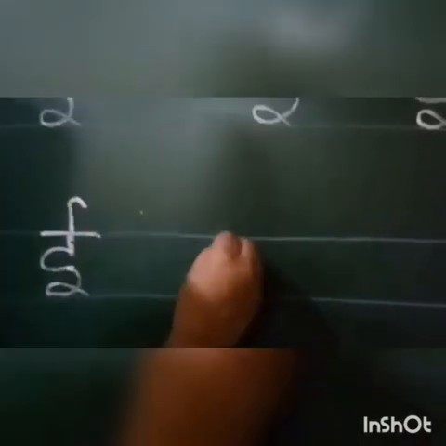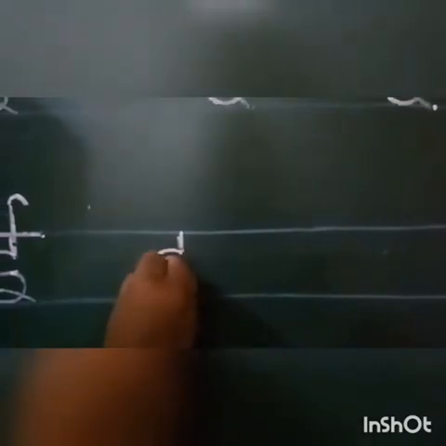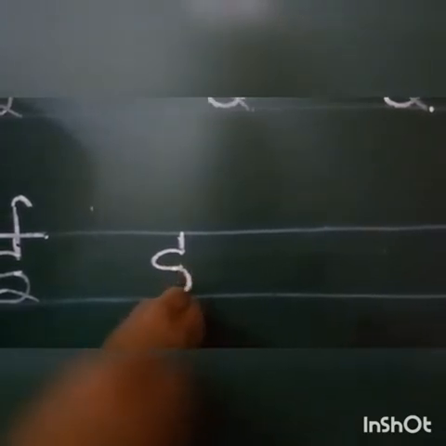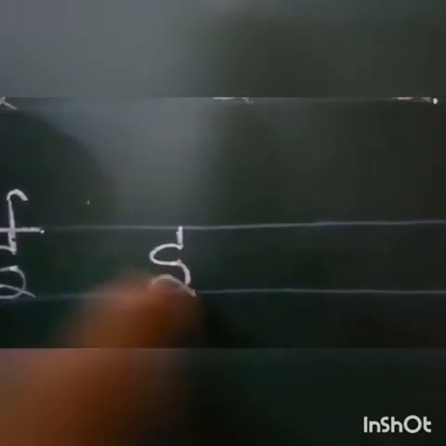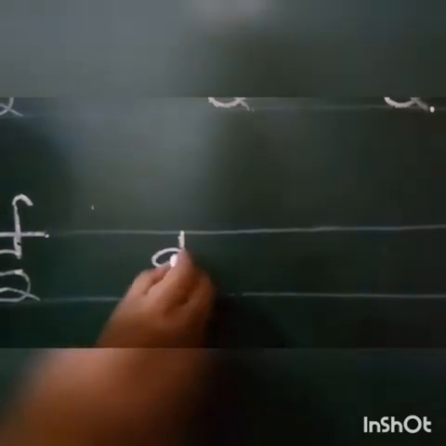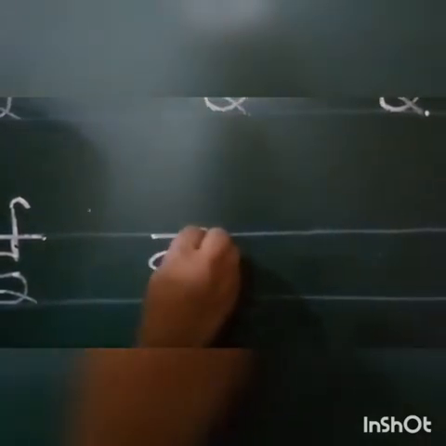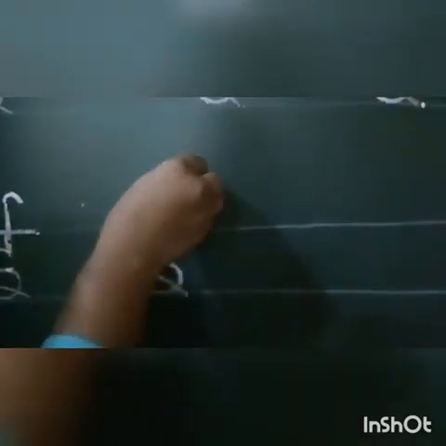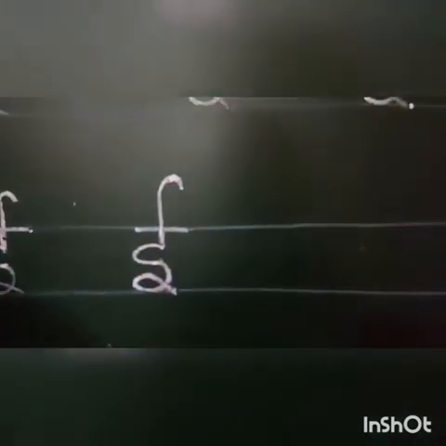Okay, one more time. One standing line, one backward curve, join one more curve. Don't come out of the line, shouldn't come out of this bottom line. One sleeping line and one standing line with a curve above the line.